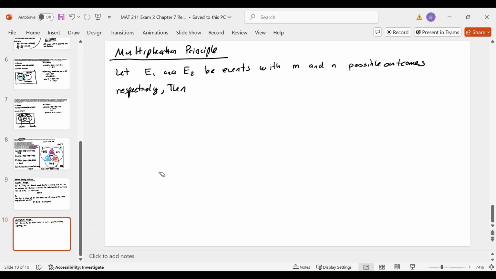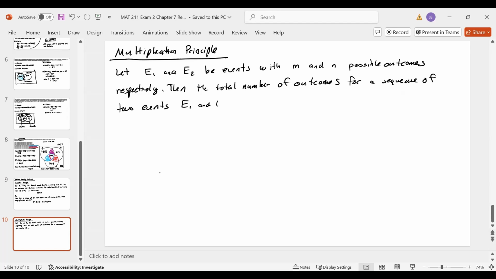Then the total number of outcomes for a sequence of two events, E1 and E2, is M times N. Okay? You just multiply them together.